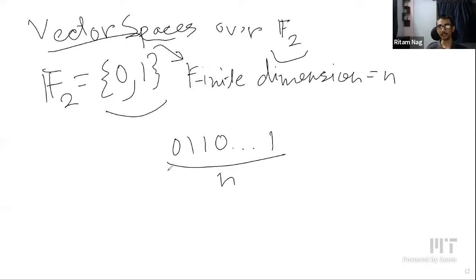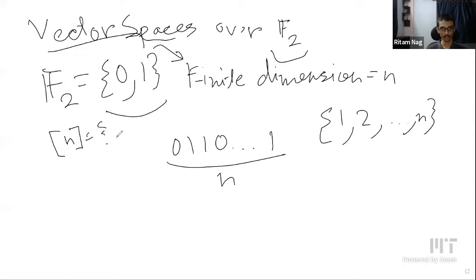So binary strings are very common objects. You see them pop up all over the place. A very common example would be a set. Say you have the set 1 to n. By the way, a small notation thing: I will be using the square bracket n to represent this set.